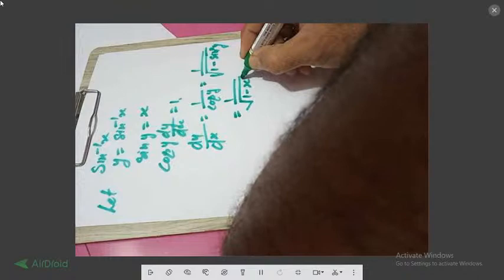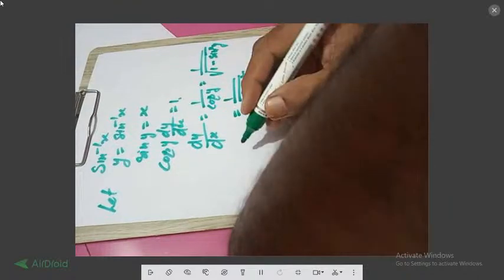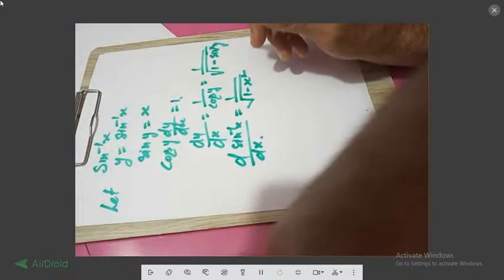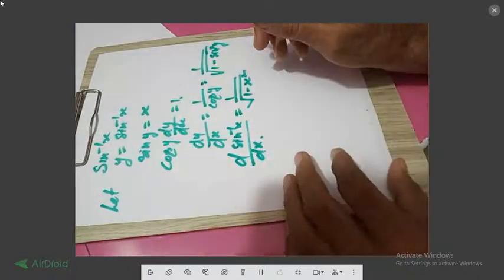This is the derivative of sine inverse x. Next time we will solve this by the first principle also. This was only to find out the derivative.